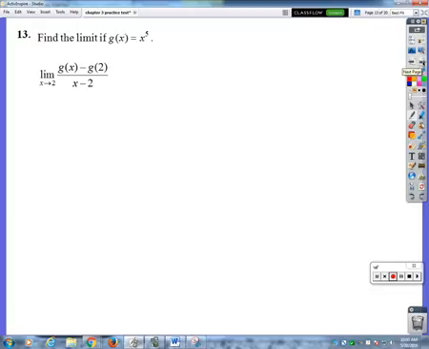Okay, 13, find the limit if g of x equals x to the fifth. So I put x to the fifth minus 32 over x minus 2. The limit as x approaches 2 of x to the fifth minus 32 over x minus 2.